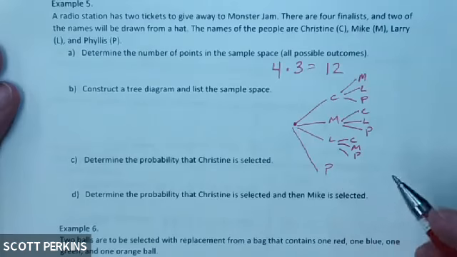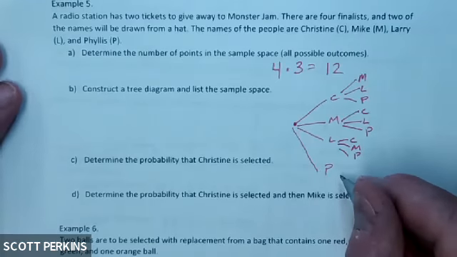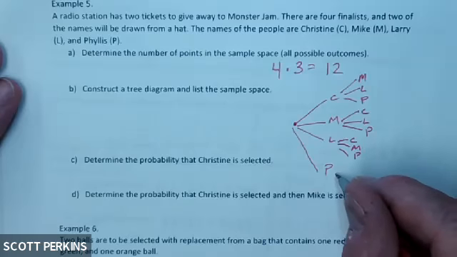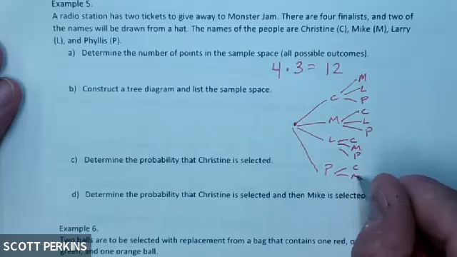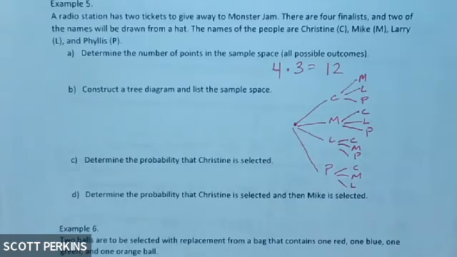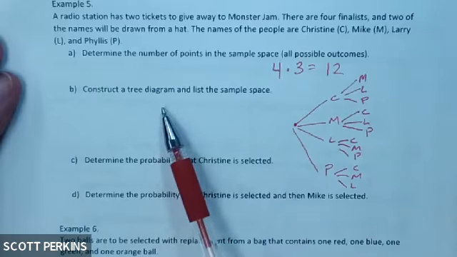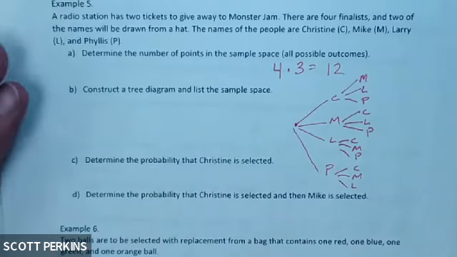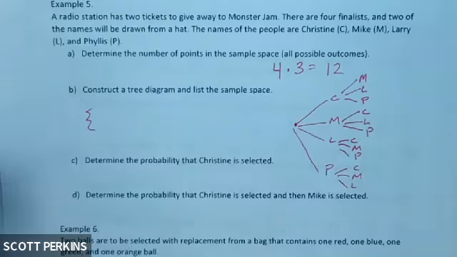And then if Phyllis wins, what are the possible things that could happen? Okay, C, M, L. So the tree diagram is just a way for me to think through all the possibilities. So now over here in the space underneath B, I'm going to list out the sample space. These are the possible arrangements of outcomes.